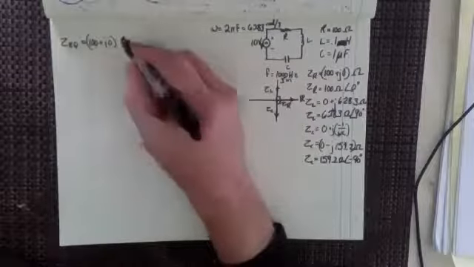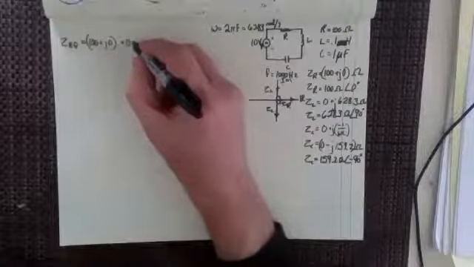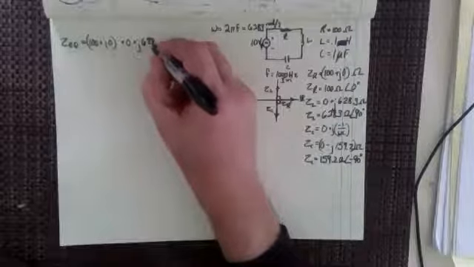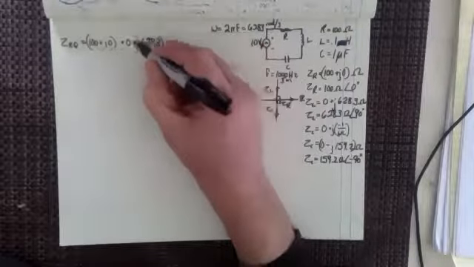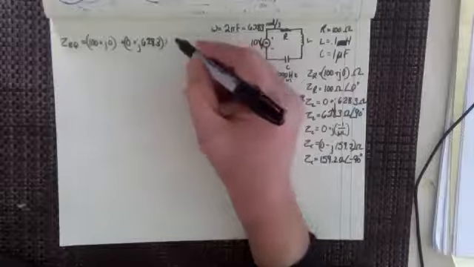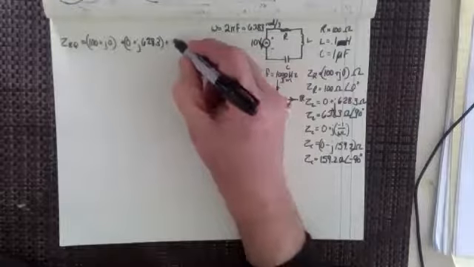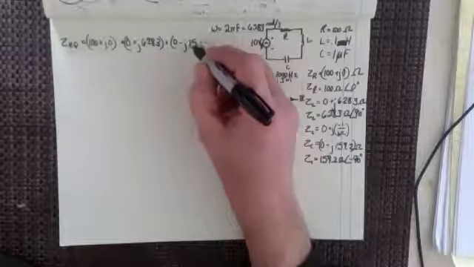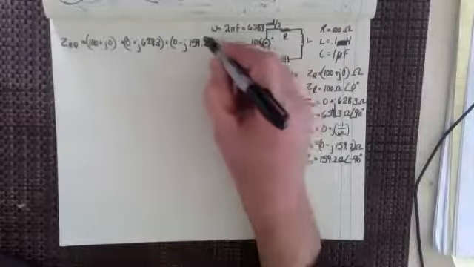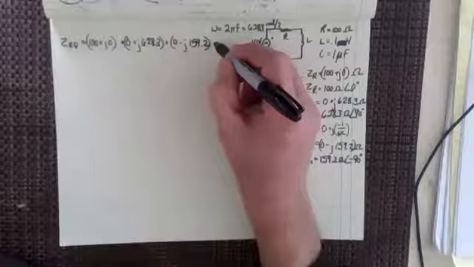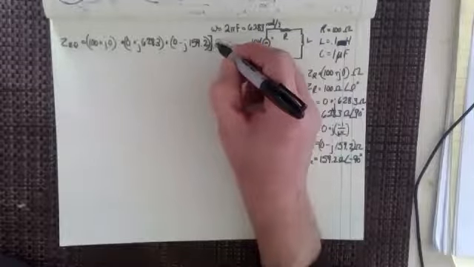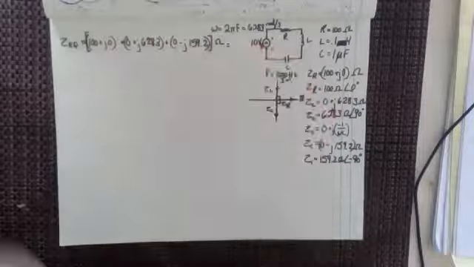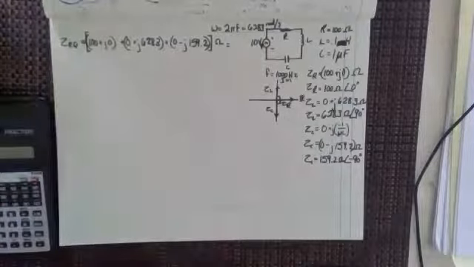plus 0 plus J628.3 plus 0 minus J159.2, right? And of course, those are all ohms. I'm just going to put some brackets around here so that we realize that those are all ohms.